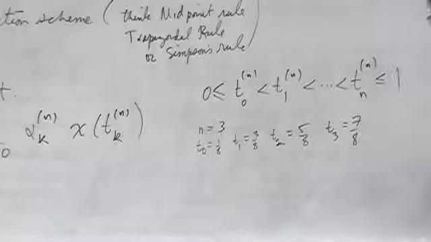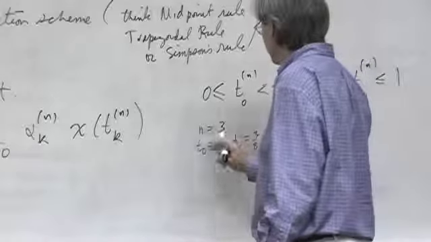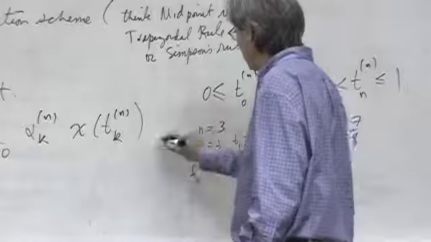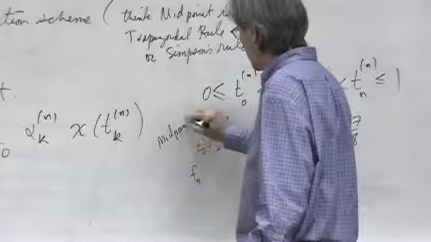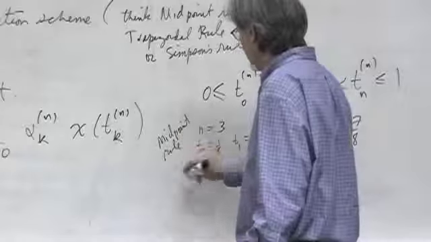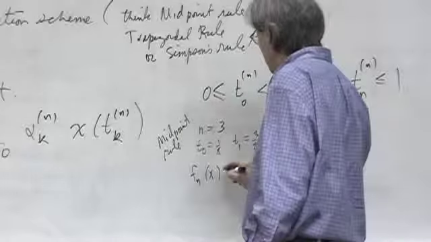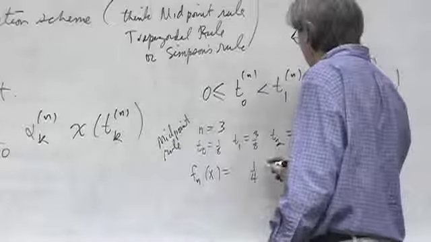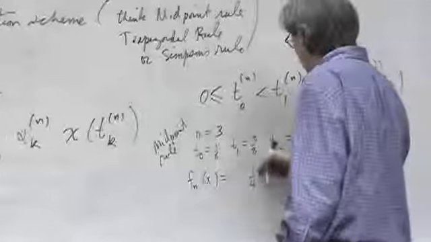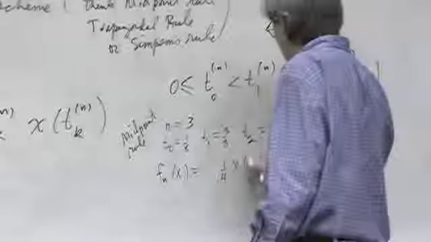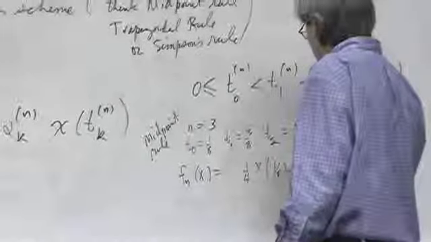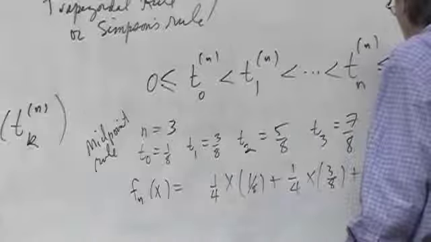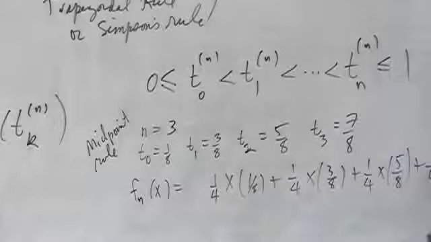Then I'll take F_n of x is equal to 1/4 times x of 1/8 plus 1/4 x at 3/8 plus 1/4 x at 5/8 plus 1/4 x at 7/8.